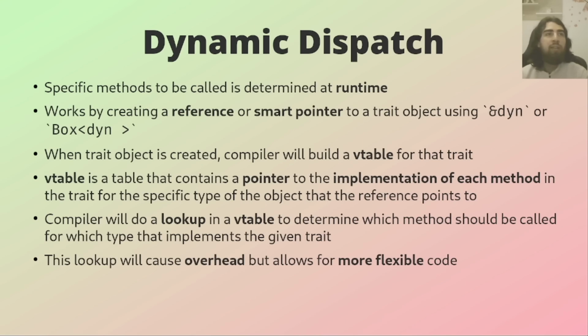A vtable is a table that contains a pointer to the implementation of each method in the trait for the specific type of the object that the reference points to.